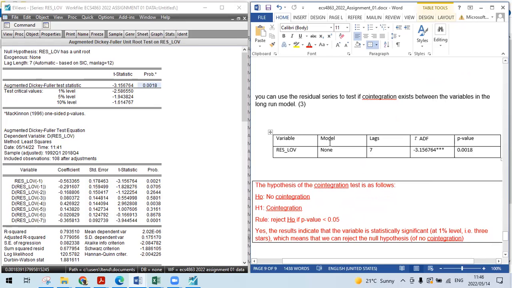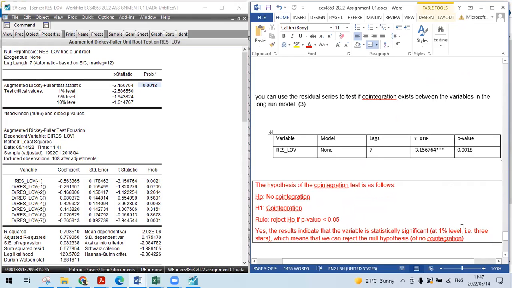I'm now demonstrating it. I generated the residuals called res LOV. I tested for stationarity. Can you see that? The model was none. I got the lag 7, the ADF this, which is showing that it's stationary at 1% level of significance.